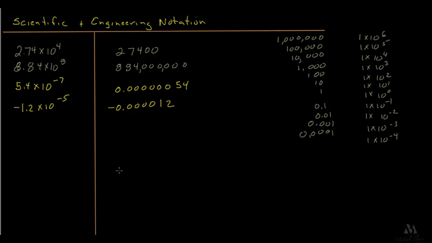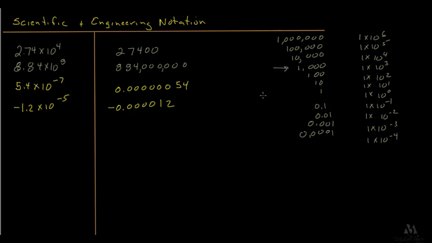But what you're going to find is that you probably end up using something else other than scientific notation. It's all built on scientific notation. It's called engineering notation. And we'll look at a few of these numbers, how they would be in engineering notation. Engineering notation only uses the groups that are in powers of 3.